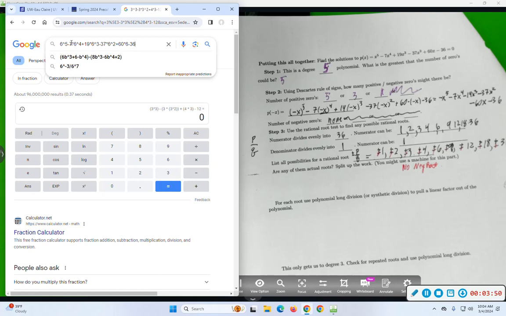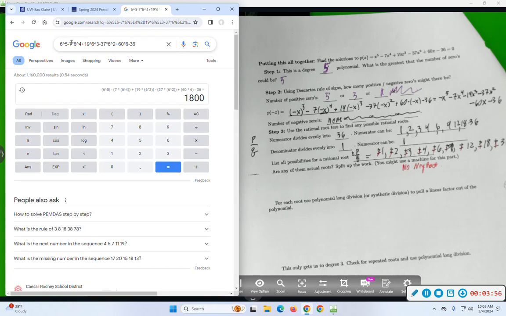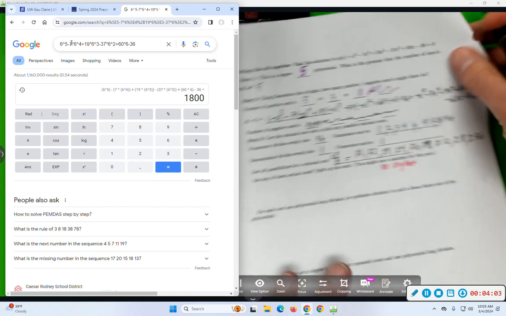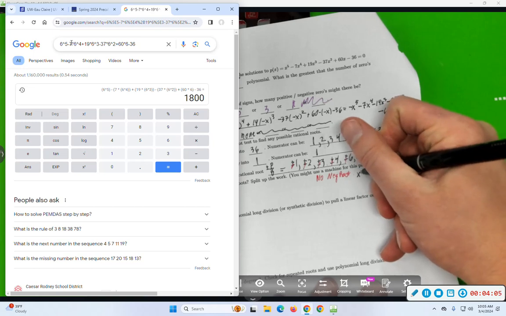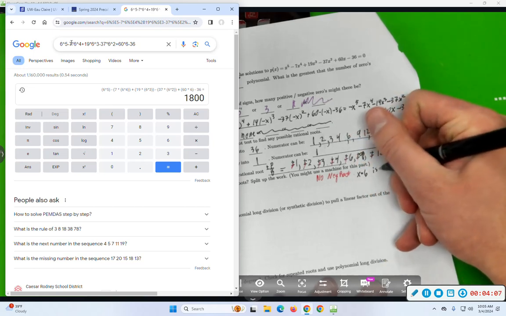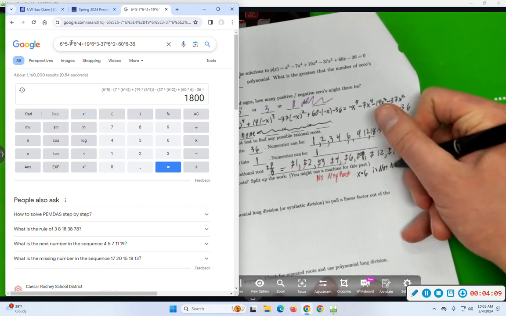And right, if you're a calculator user, that's basically exactly what you'll be computing too. The end result is not 0. So the conclusion that I can make based on this computation is x equals 6 is not a root.